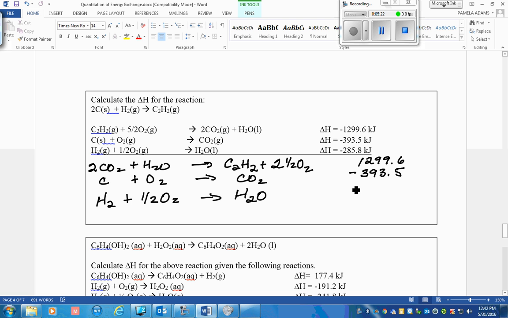Okay, I'm going to leave this alone too. So now I have determined the direction of all three of my elementary steps. Now I need to look at coefficients.